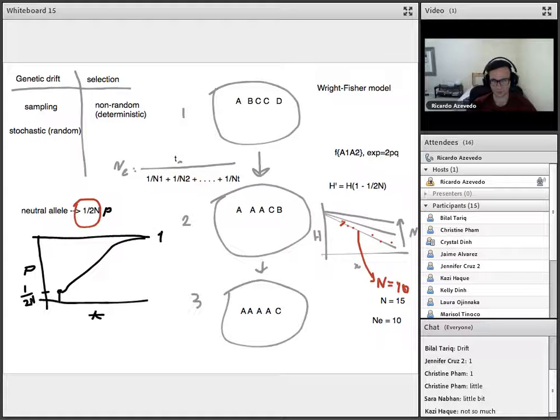Does anyone know that? So the question is why do we calculate the mean this way when the population size changes, also known as the harmonic mean? Why don't we just calculate the mean in the simple way that you would have had you not known that this is the correct answer? Anyone?